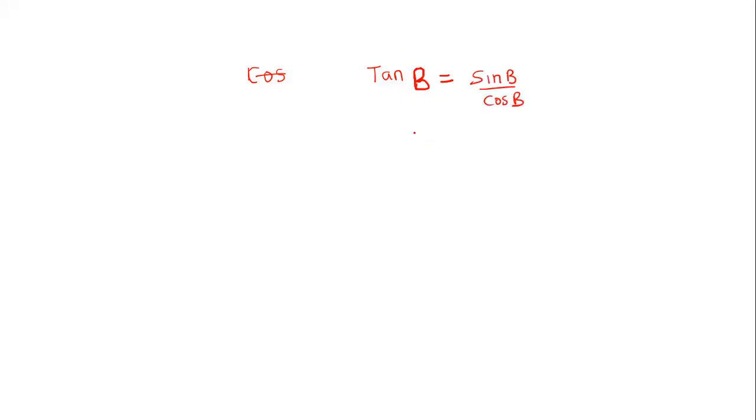So even if you have tan of 60, you still say it's the same as sine of 60 out of cos of 60. Another relation we are going to look at is what you call a cosecant. These are good vocabularies that we are going to learn.